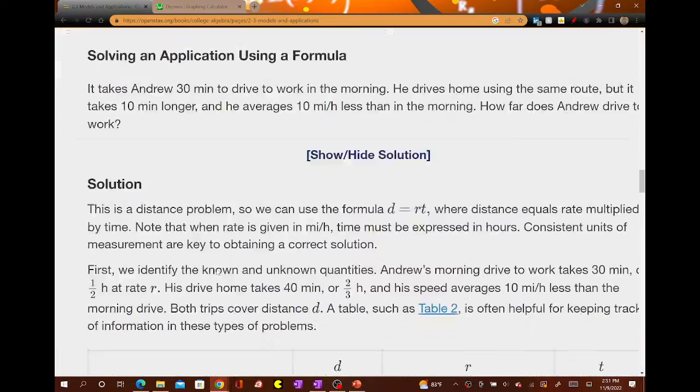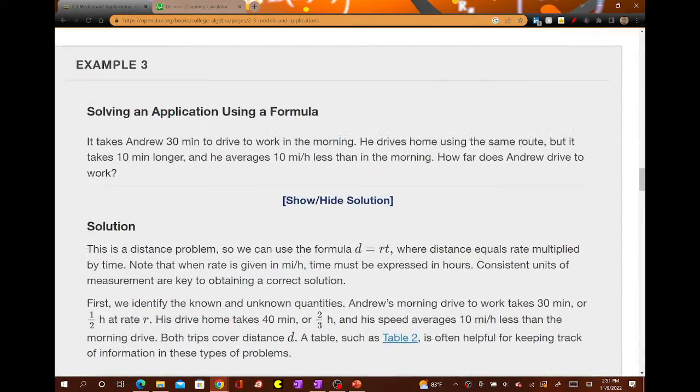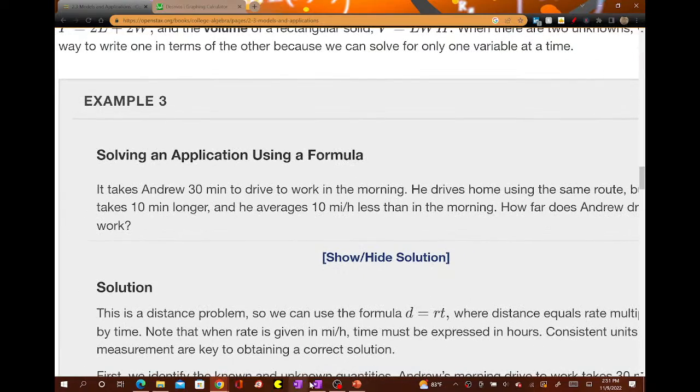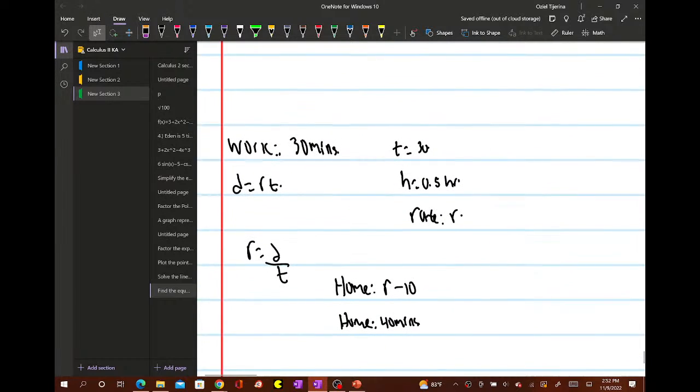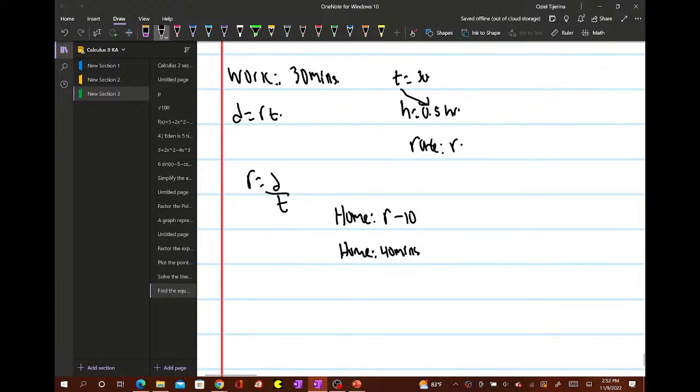Right? I think that's how you do it. But again, it's per hour. So 40 minutes is actually in terms of time. The time for this one is 0.5 hours, and then the time here would be 2/3 hours.